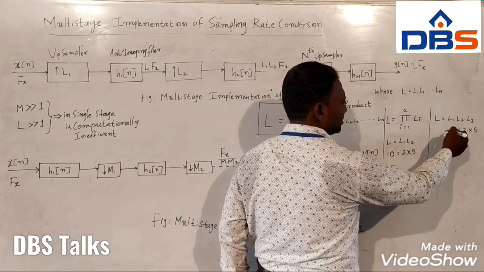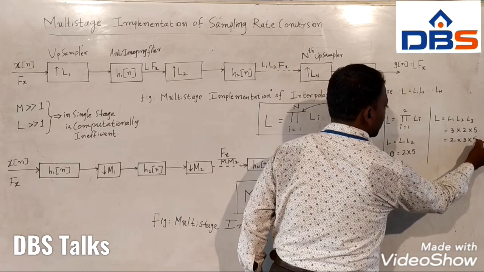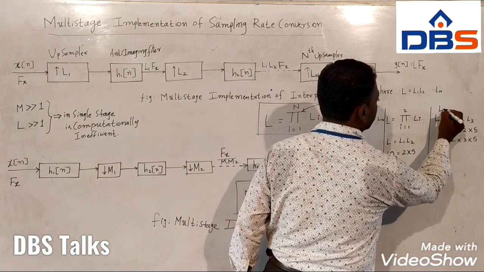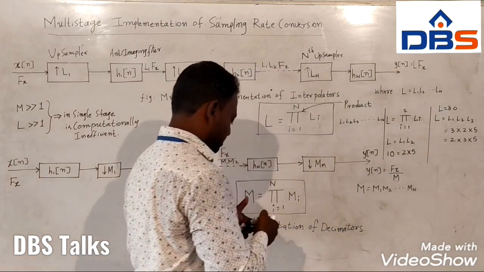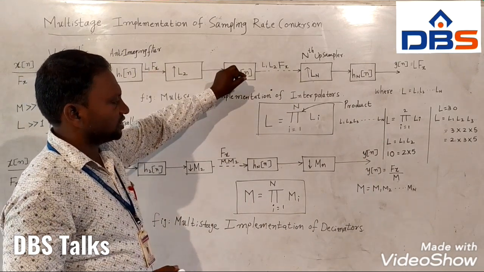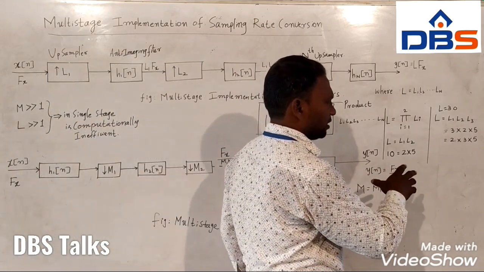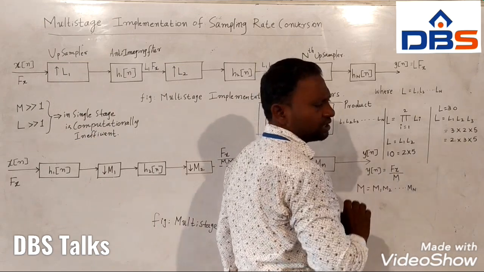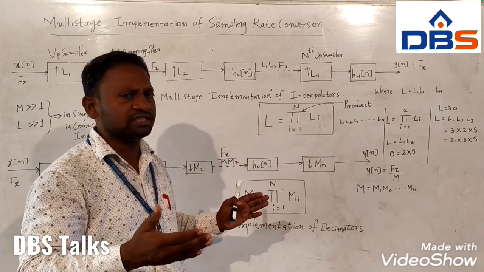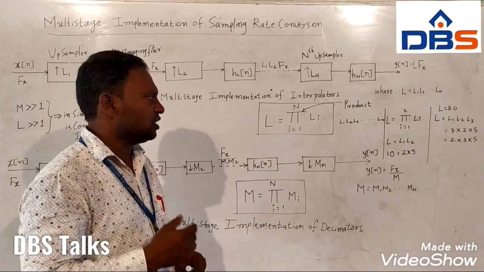Suppose I want to implement 30. Then L is equal to L1, L2, L3. You can take 2 into 3 into 5.